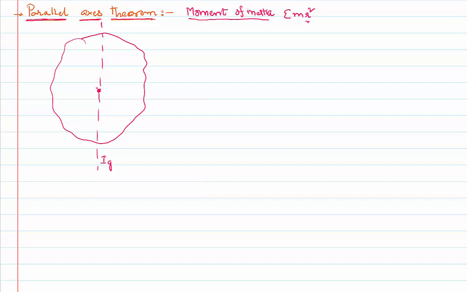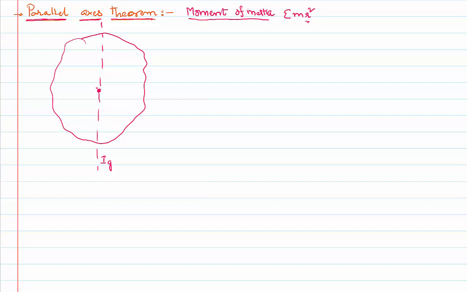We can calculate it using the concept of integration. I have done it for a ring, for a disc, and for a thin rod in the previous video lessons, on how to calculate the moment of inertia of a body about a given axis. If you would like to know, please refer to that video lesson. But in this video lesson, I am taking it for granted that I have already calculated it. I know the value of this Ig.